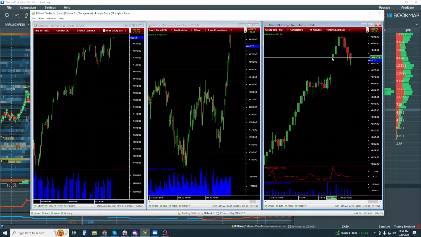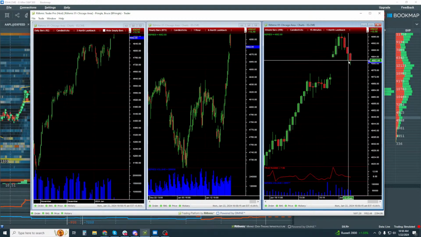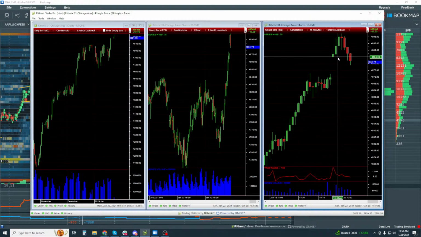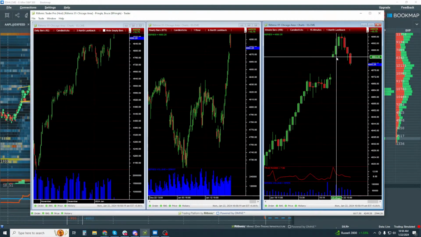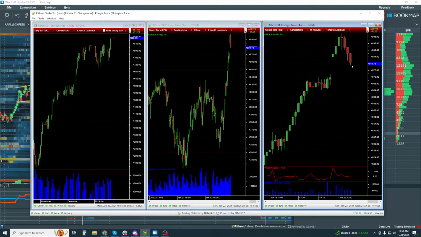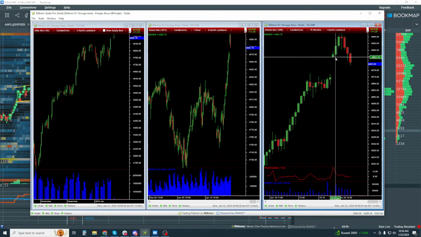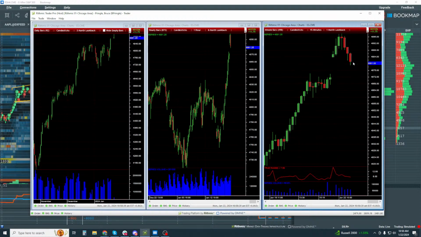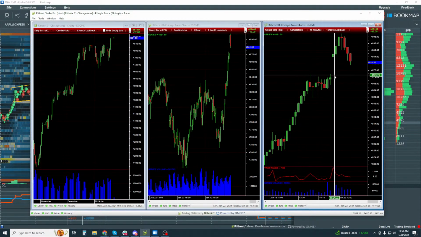This is what matters. This is where we opened up. We've dipped below it. Have we accepted below this area in here is really important. And so far, so good. So we've had a half a gap fill. Well, if we get more sellers in here, then we can get a full gap fill.